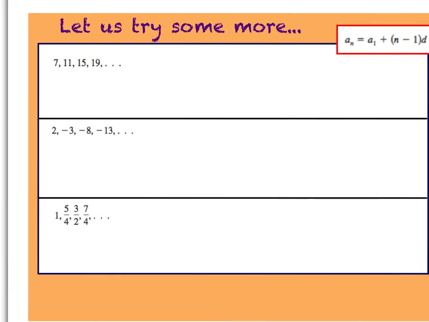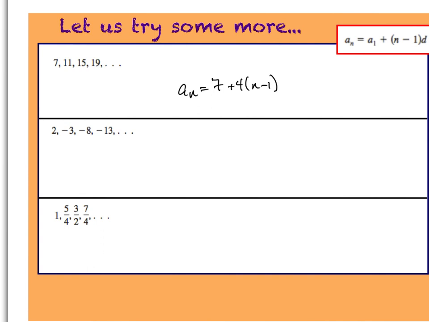This first one I have is 7, 11, 15, 19, and I need to find my a sub n. Well, my a sub n would equal my a sub 1. What's my a sub 1? 7. And what's my common difference? 4. So now I have plus 4 times n minus 1.